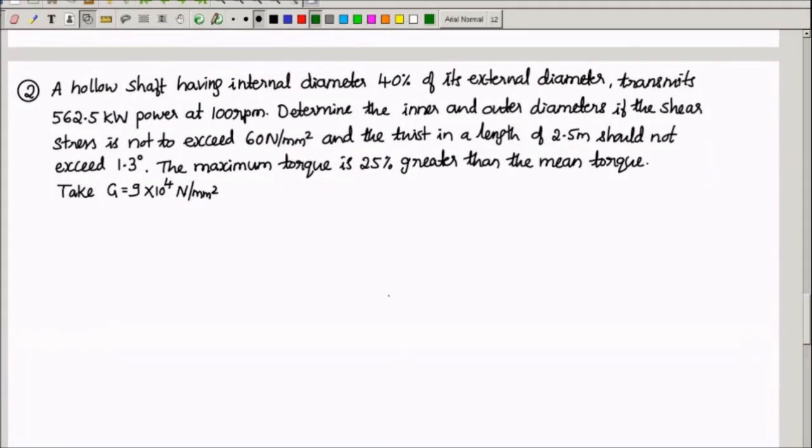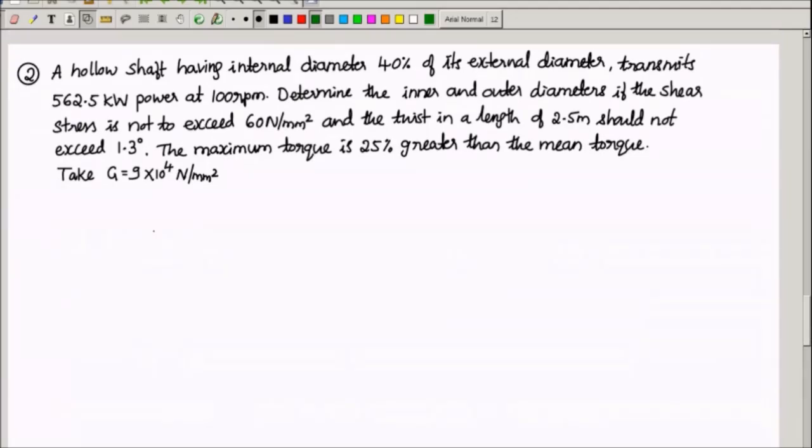So as we did in the previous case, let us try to list the given data. It's a hollow shaft now. Previously, the problem was on a solid shaft. He says the internal diameter is 40% of the external diameter, meaning D_i is equal to 0.4 times D_o. That relation is given.